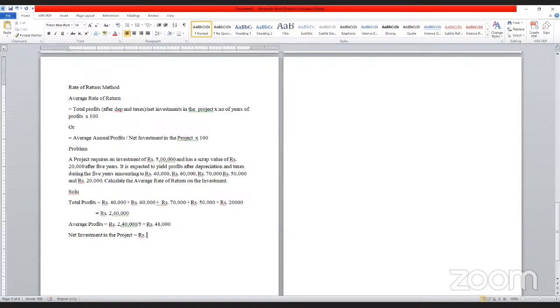first you see, the project requires how much investment? The project requires 5 lakhs investment, right? 5 lakhs minus scrap value is there, 20,000. That should be deducted.